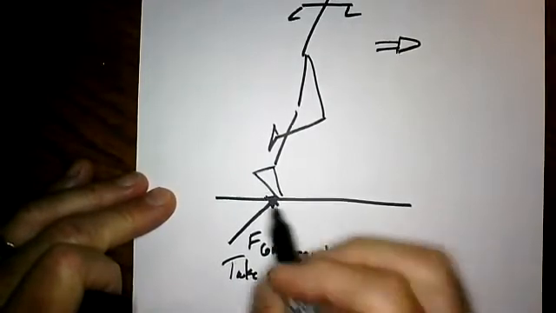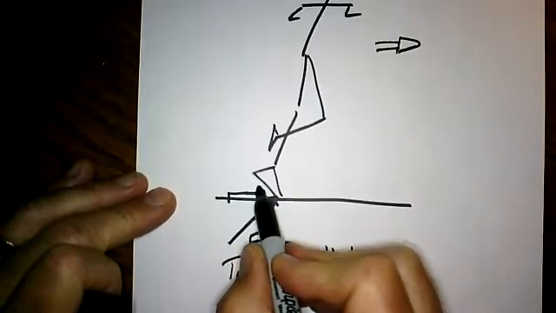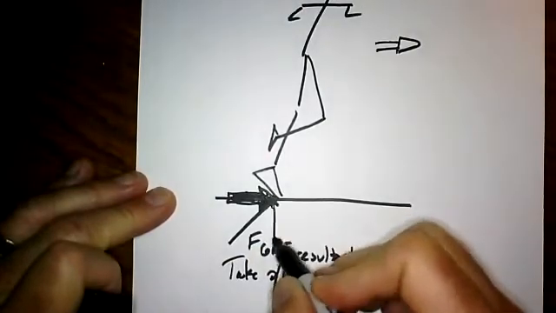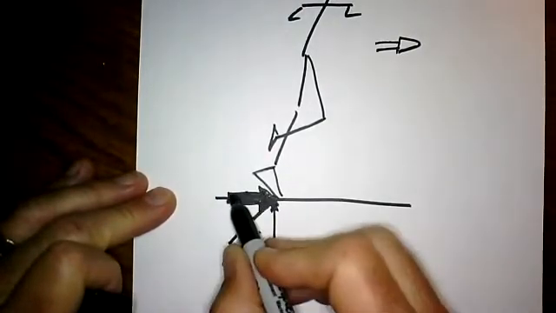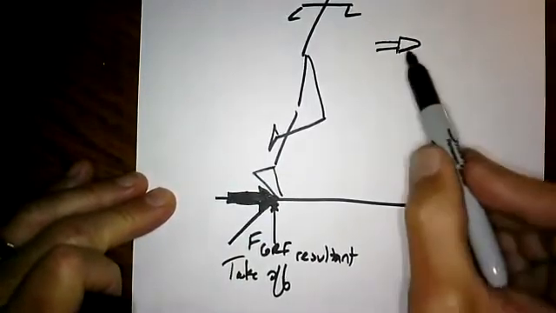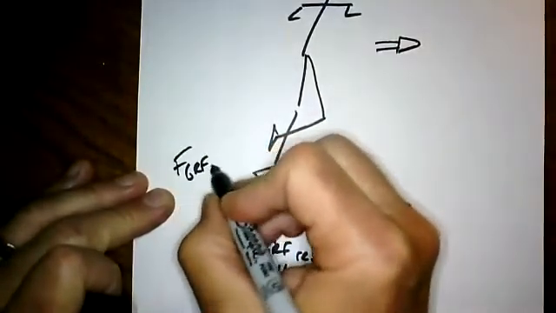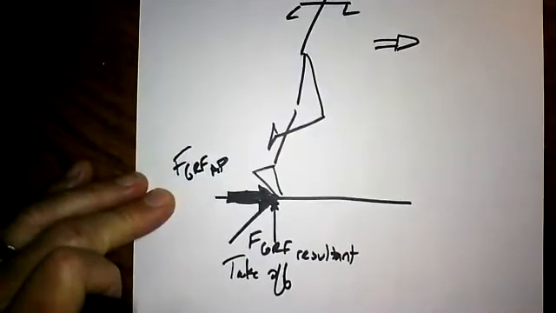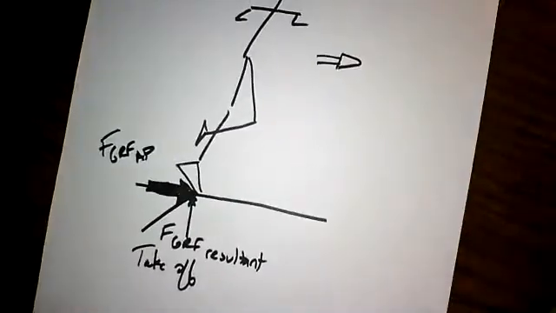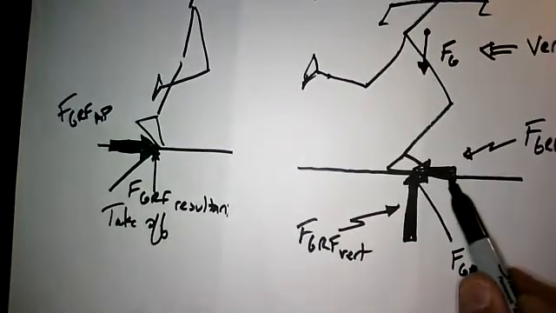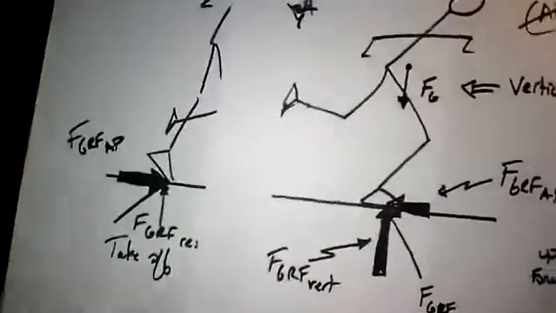The horizontal component is right here, and the vertical component is down here. That horizontal component is now pushing in the same direction as the movement, so the anterior-posterior ground reaction force will be positive. So in looking at the horizontal movement, the horizontal ground reaction force can be either negative or positive. Remember, we do one dimension at a time, so let's draw out those equations.